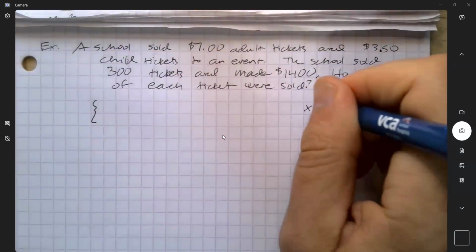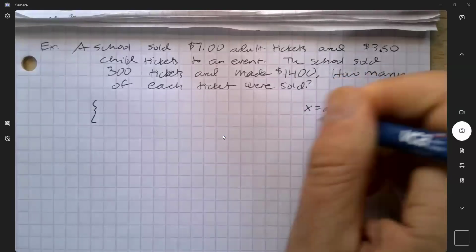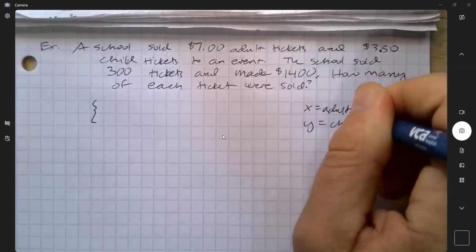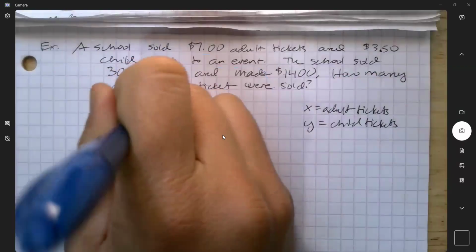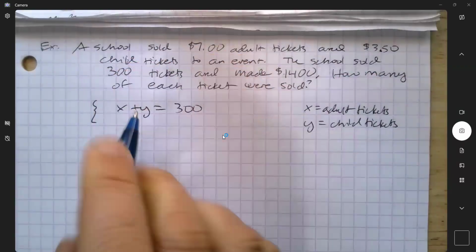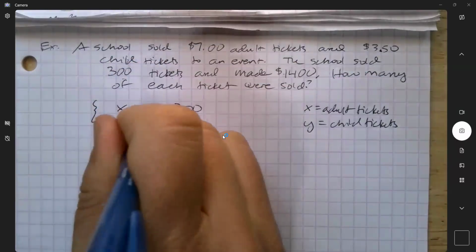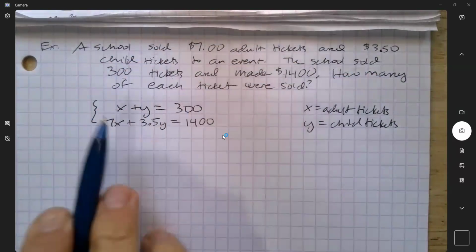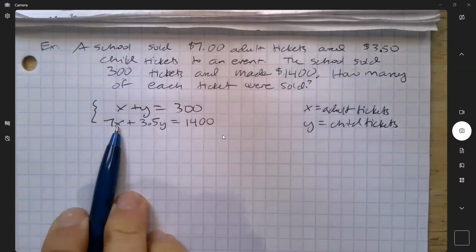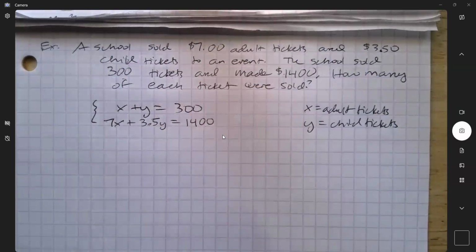Let's let x equal the adult tickets and y equal the child tickets. Then x plus y should equal 300 because 300 tickets were sold. And 7x plus 3.5y should equal 1,400 because $7 per adult ticket and $3.50 per child ticket should add up to $1,400.